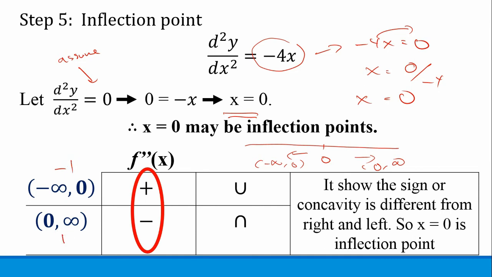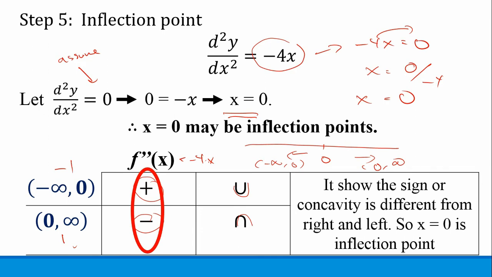If you substitute into f''(x) equals negative 4x, substituting negative 1, you get a positive value, and if you substitute 1, it becomes negative. So you can see that it is concave upward and concave downward. Because the sign of concavity is different on the right and the left, we say that the inflection point occurs at x equals 0.